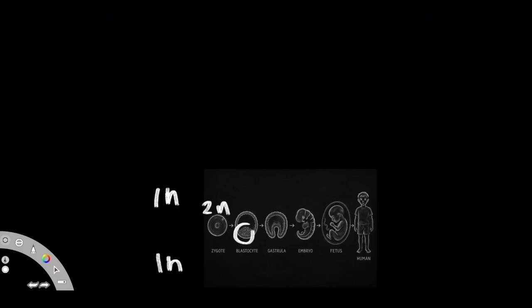Well, you have an inner cell mass over here. Why is this significant? Because this is where differentiation starts to occur. Differentiation is when cells specialize to become a certain type of cell. At this point, we have cells that are non-differentiated, like stem cells that aren't a particular type of cell, but at this point they start differentiating.